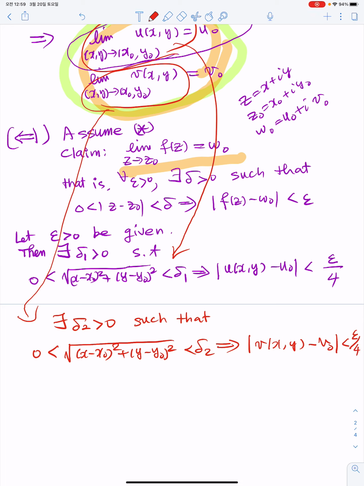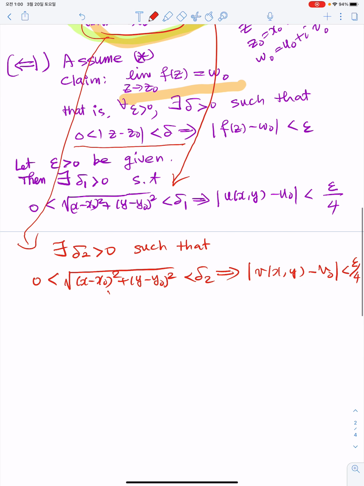So we have this statement. Okay, now, this is the same as that.